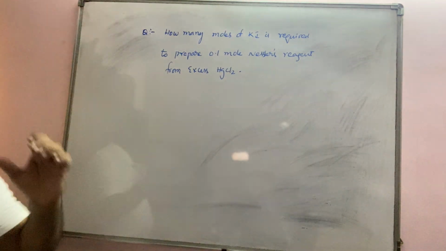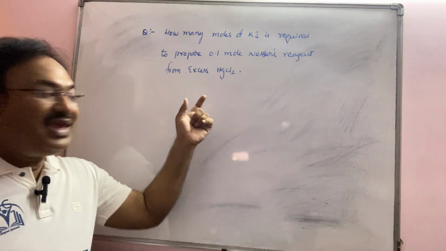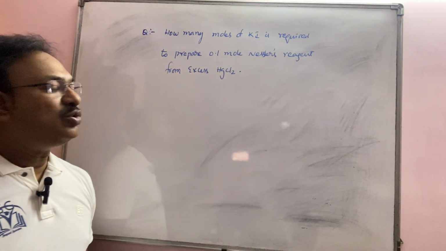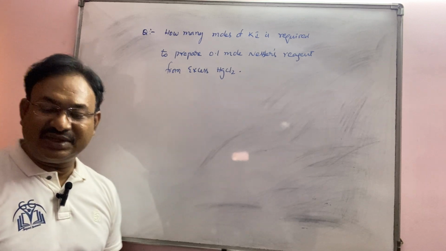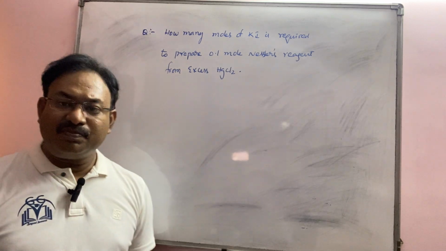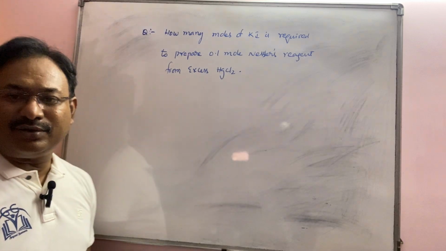Right, this is the question. How many moles of KI is required to prepare 0.1 molar Nessler's reagent? Nessler's reagent is a complex, K2HgI4.